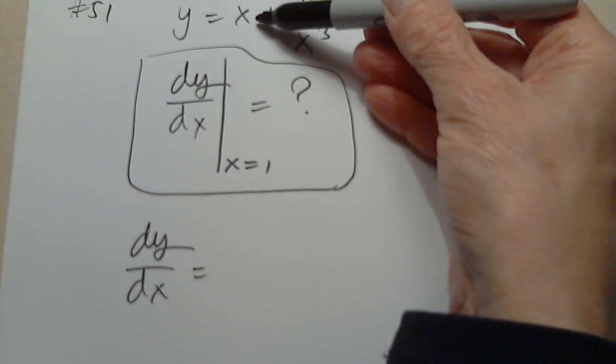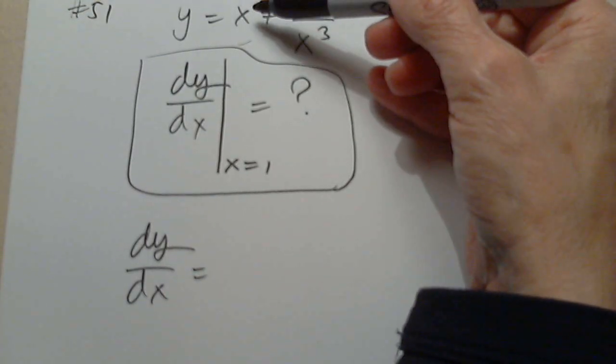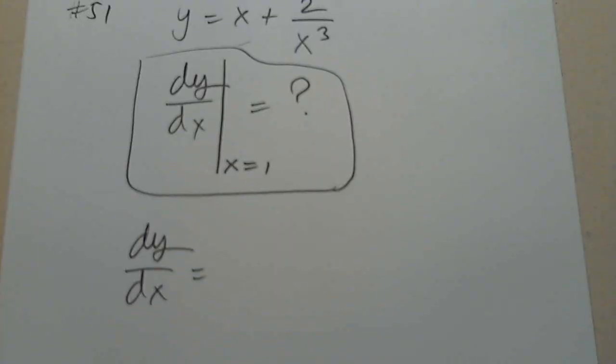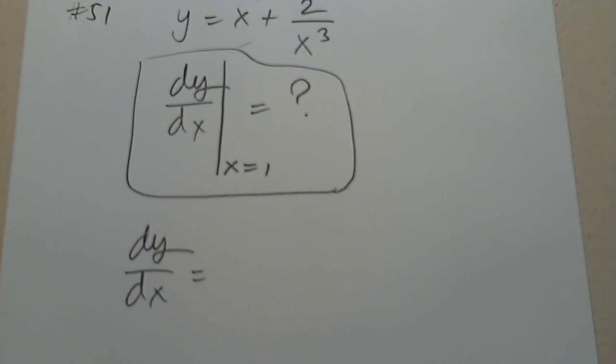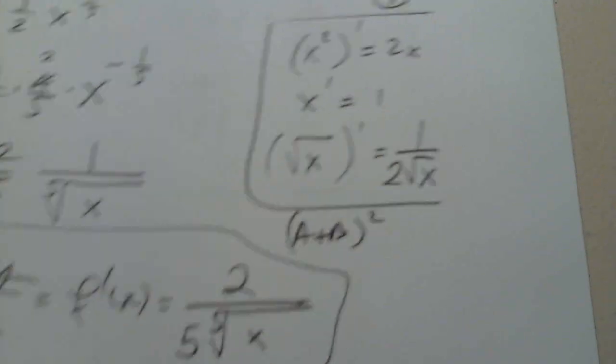Can anyone refresh our memory when we differentiate? Because it's a sum. So when I differentiate x, what do I get? This should be instantaneous now. When we differentiate x, we get? Is it 2x? Okay, let's take a look. 1. Yes, it's okay. Good.